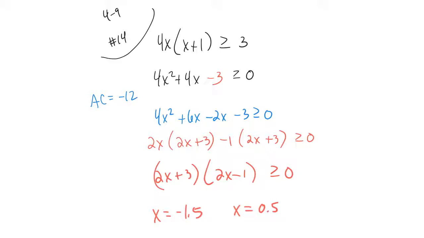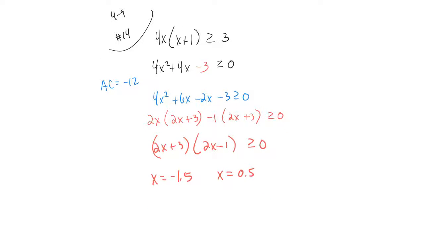Anybody want me to finish this? Okay. So I make those my critical points on my number line. Since it's greater than or equal to, I shade those circles in. They're closed circles. I then test my regions. By the way, we always do this. What are the easiest two numbers to test? 0 and 1, by far the easiest numbers to test. I talked about it in the video, but I didn't talk about it in class yet.